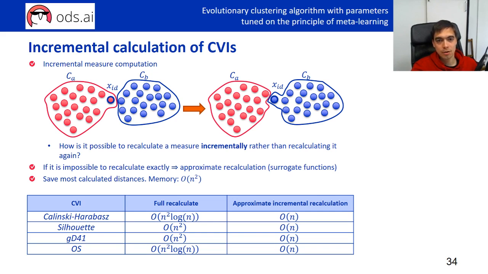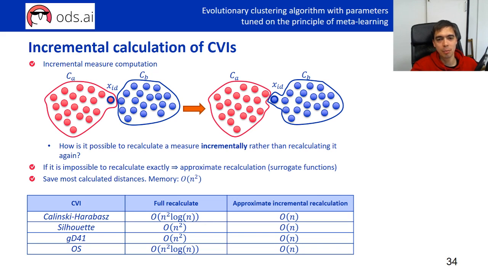Since not for all the measures there is a possibility of a precise incremental recalculation in a time less than a full recalculation, we will further use special surrogate fitness functions when it's impossible to do so precisely.